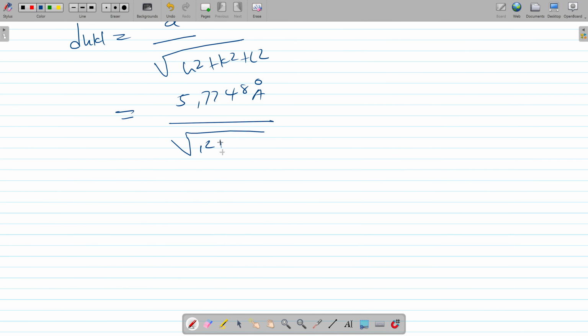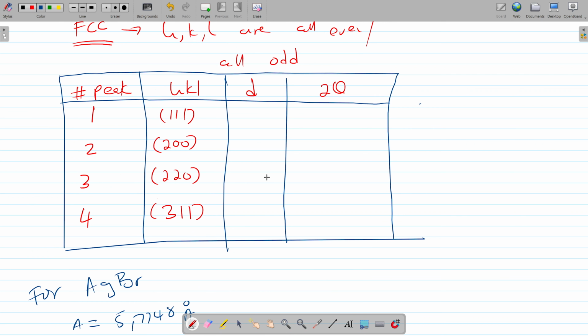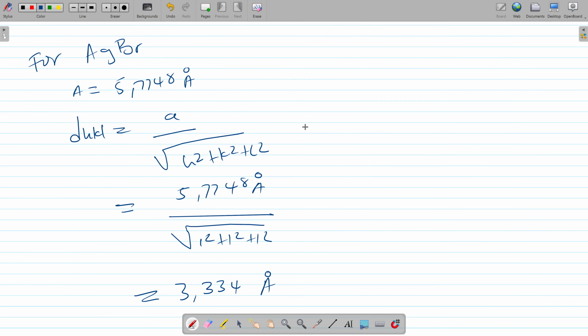We're going to have 1 squared plus 1 squared plus 1 squared. And we're going to have the following. When we put that into a calculator, we're going to have 3.334 angstrom. Once we have our value here, I'm going to put it in here, which is 3.334, right? That's our value.